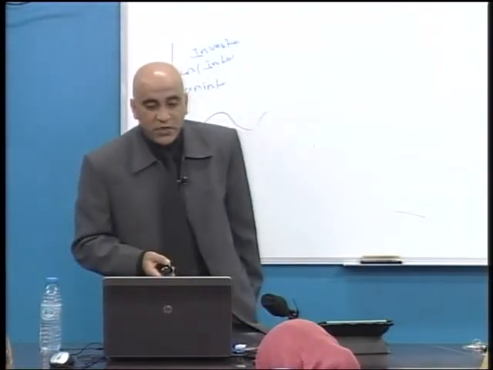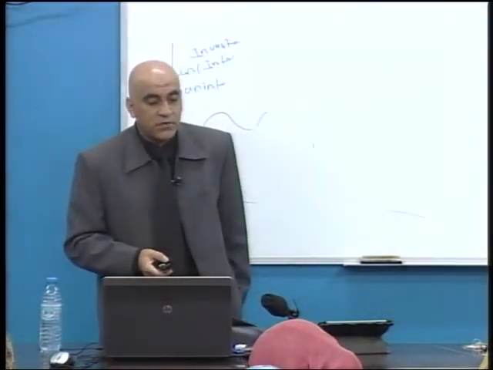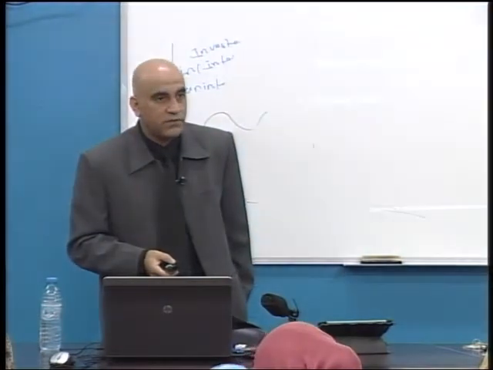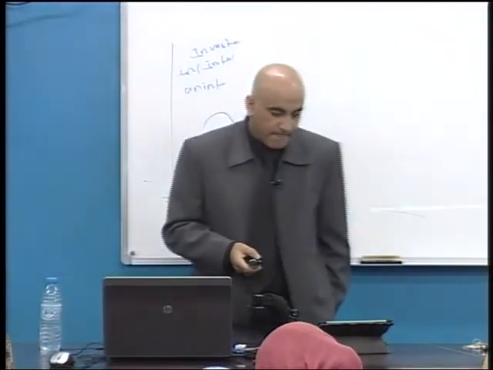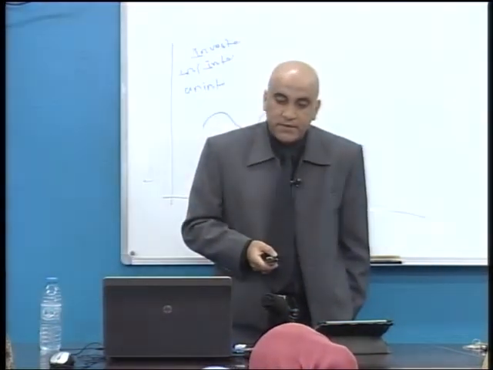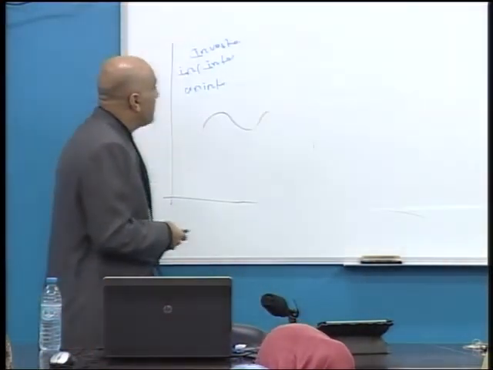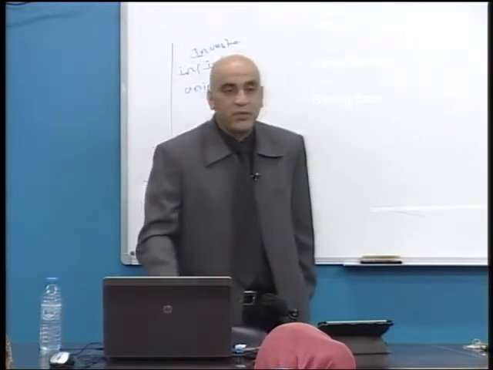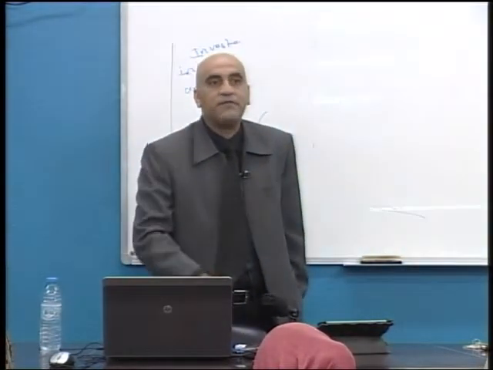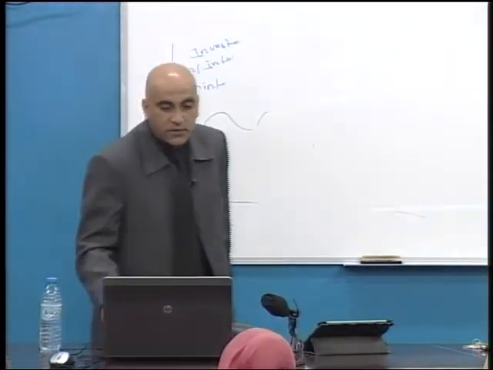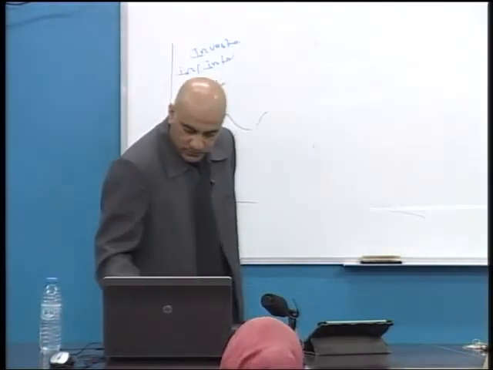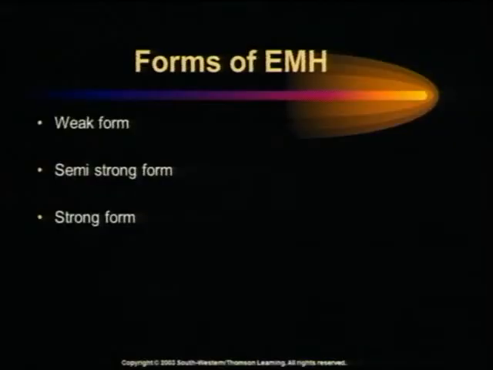We have weak form, semi-strong form, and strong form. Okay? The weak form. We will link the three types of information with the different forms of the markets. Look at this.